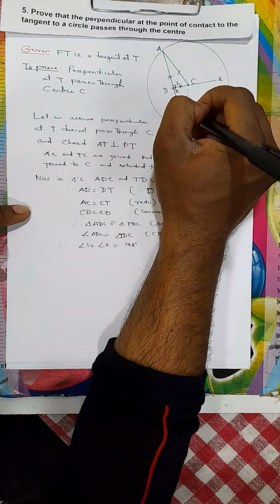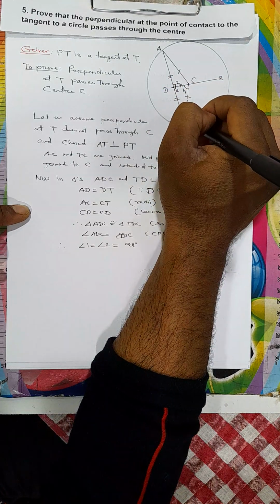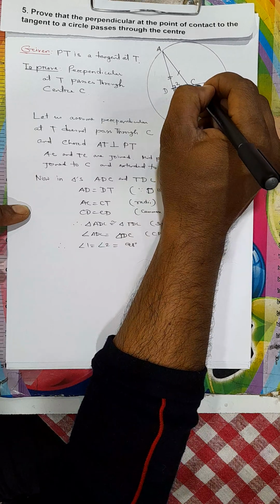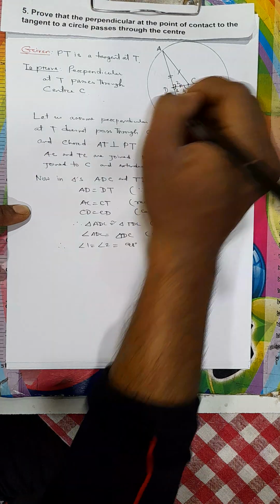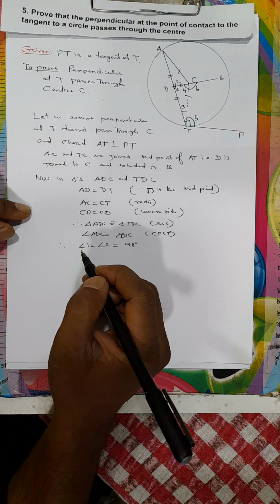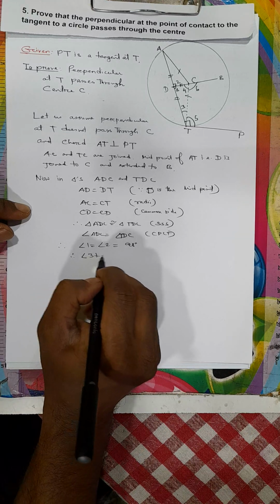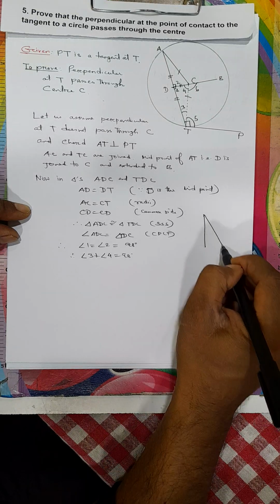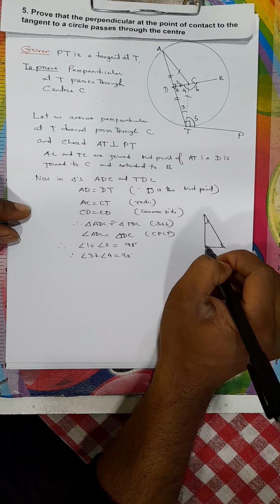Now let's say this is angle 3, this is angle 4, and this angle equal to say 5, and this angle equal to say 6. Now angle 1 equal to 2 equal to 90 degrees. Therefore angle 3 plus 4 equal to 90 degrees. In a right triangle, the sum of the acute angles is 90 degrees. They are complementary angles, right?